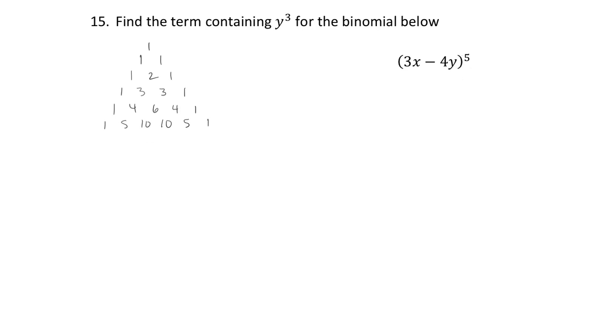The next term over would have x to the third power and y squared. This term here would have x squared and y to the third. So this is the term we want, not because it has an x squared, but because it has a y to the third. So we're going to use this coefficient.